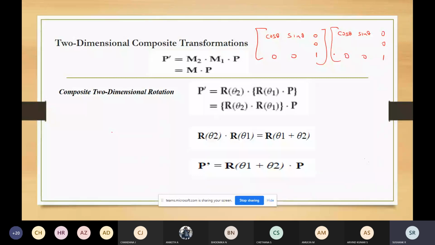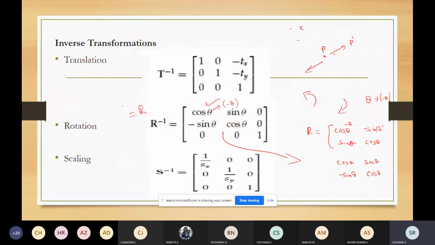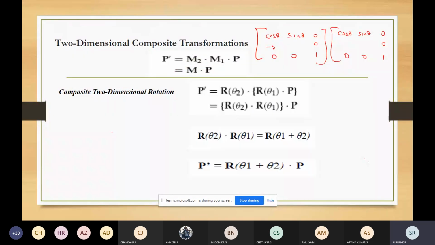Again you just check the signs: cos theta, sine theta, minus sine theta, cos theta. So this is R of theta.